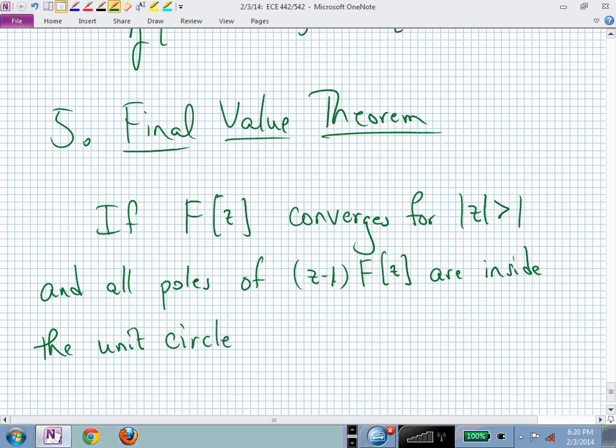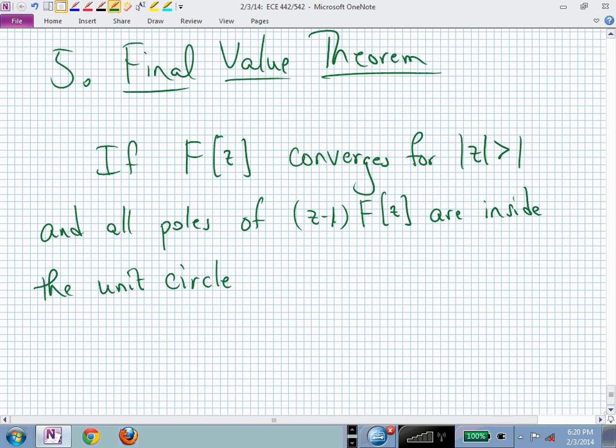If that's not true, then this thing's going to blow up and it's not going to go to anything. You could apply this limit and get a value that's not going to be right. So you need to make sure that these conditions are satisfied and not just apply the limit blindly.